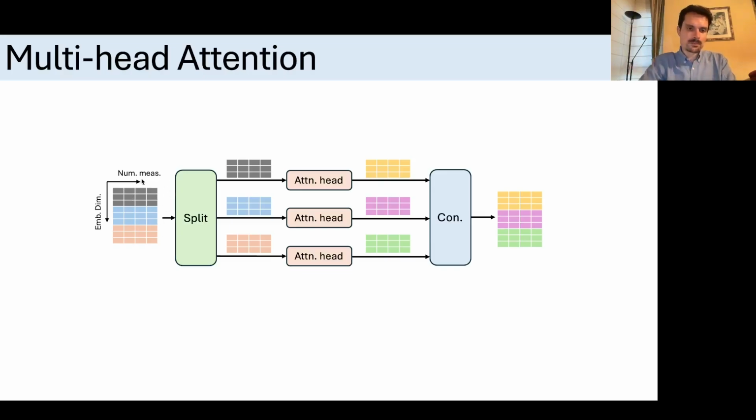We slice them along the rows, and each of these groups of rows is sent through a separate attention head. And finally all the obtained vectors are stacked with each other, right? So it's like multiple attention heads running in parallel.